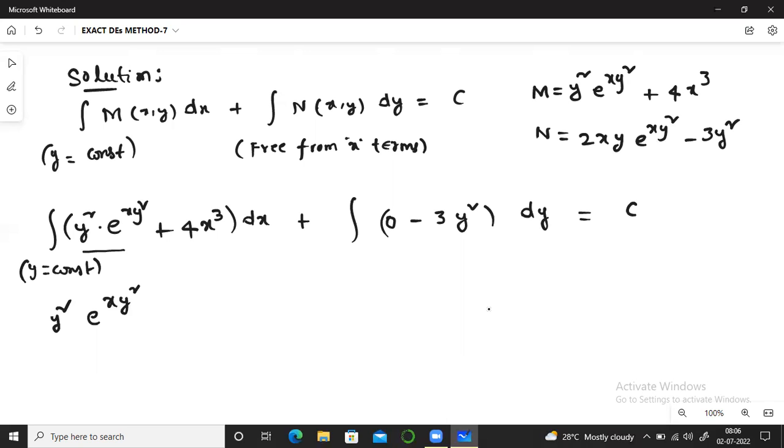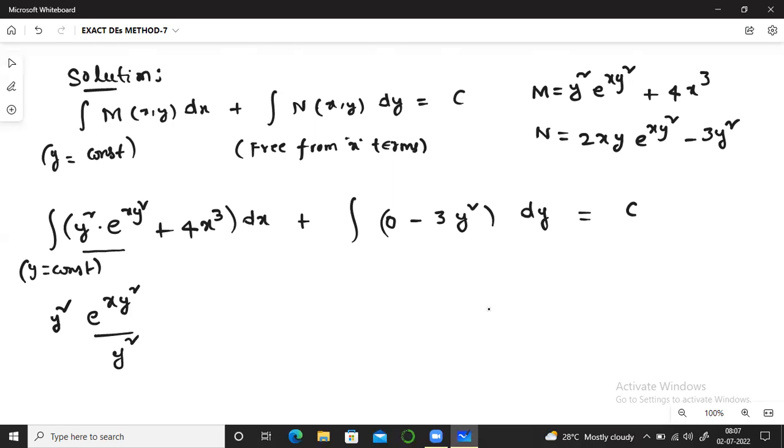So like k, when you do integration of e power kx, you divide by k, right? So e power xy square, you have to divide by y square. It means one very simple thing: when I say it is constant, you should treat it like a constant.